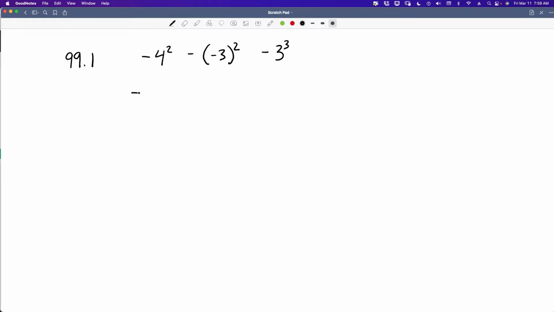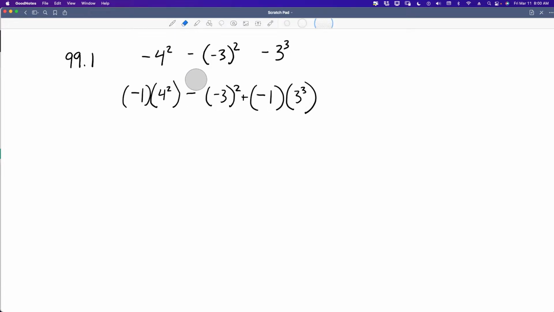So we know from our example earlier that this is negative 1 times 4 squared minus, and then this is going to be negative 3 squared, and then this is going to be negative 1, so this is going to be plus negative 1 times 3 cubed.